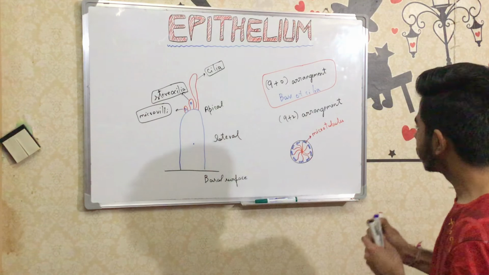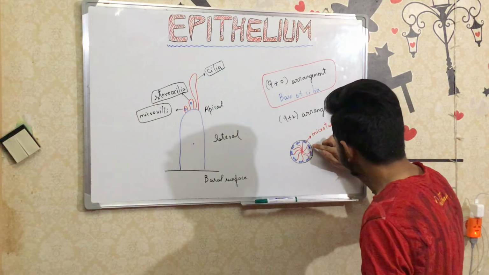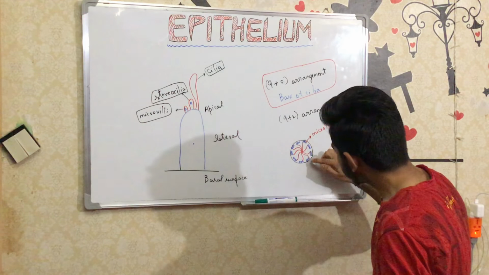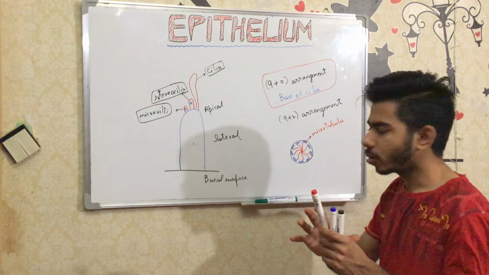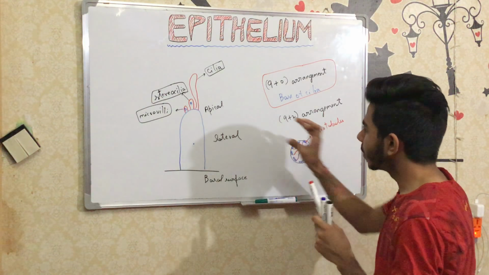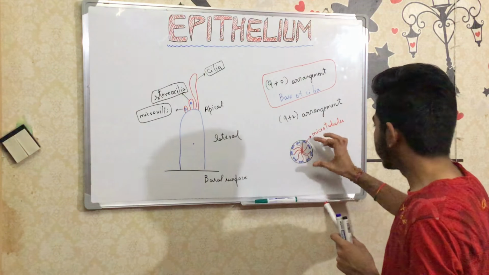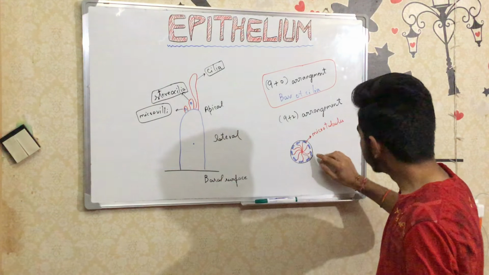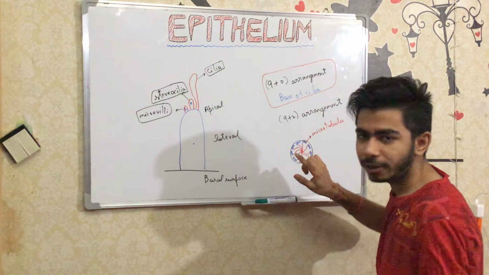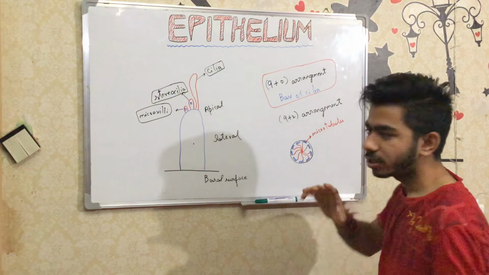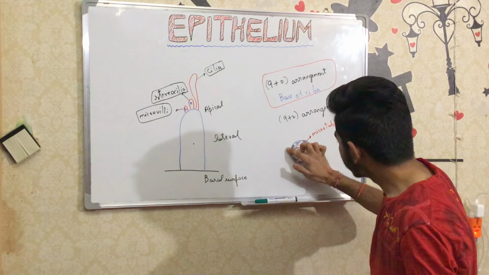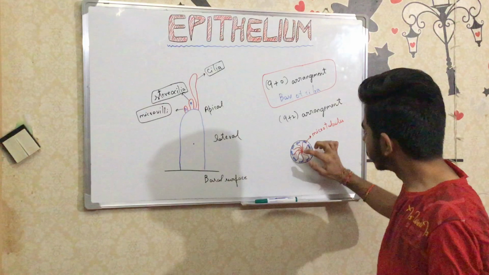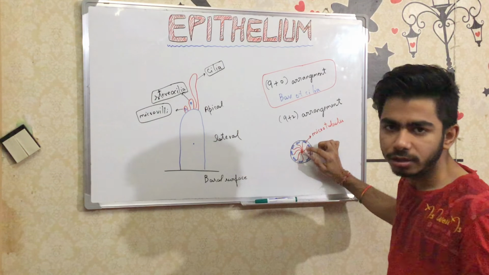What I'm trying to explain is that these microtubules are arranged in a circular pattern in the count of 9. In one magnified portion of the cilia, the microtubules are arranged in triplet forms, and they are present in the number 9. So 1, 2, 3, 4, 5, 6, 7, 8, 9. These are the triplets, and in the center there is nothing.